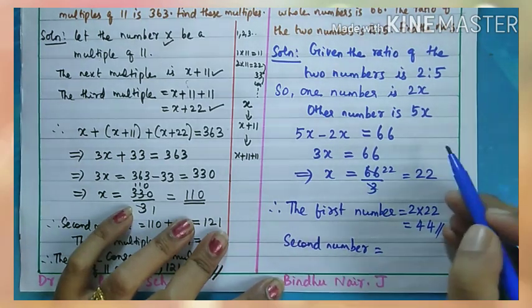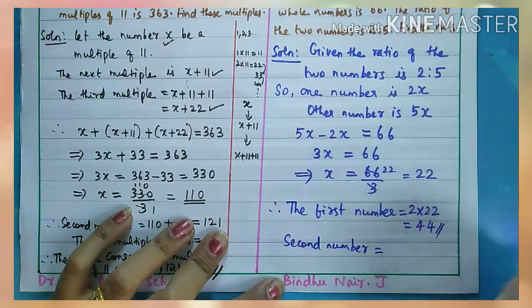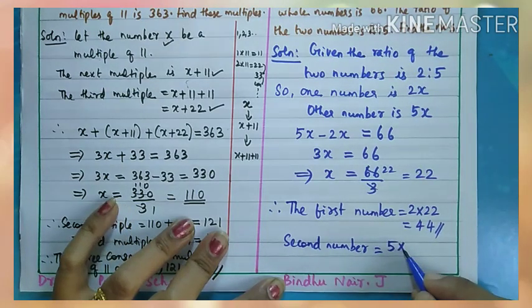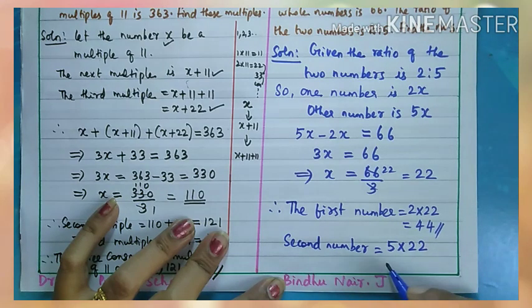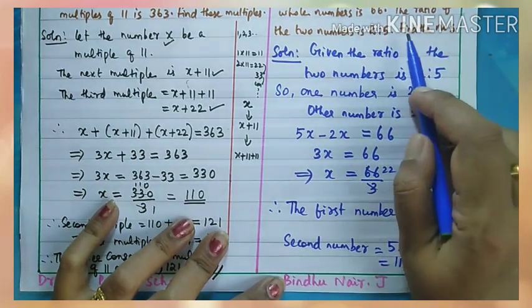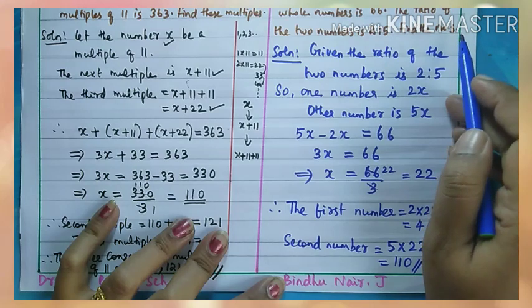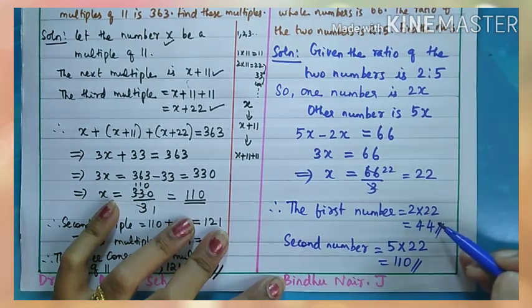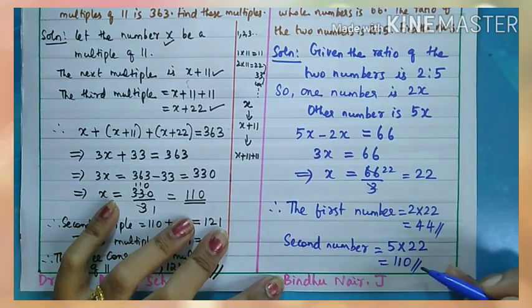What is the second number we have taken? Multiple of 5, 5x. So 5 into, what is the x value? 22. So what is 5 into 22? 110. Okay, so that is only our question. Find the numbers. Okay, so we got the first number 44, the second number 110.